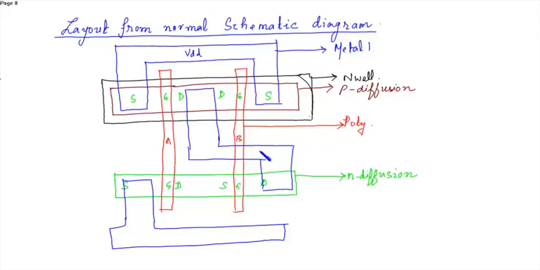Okay, this is the output, that is Z. A, B and Z output.